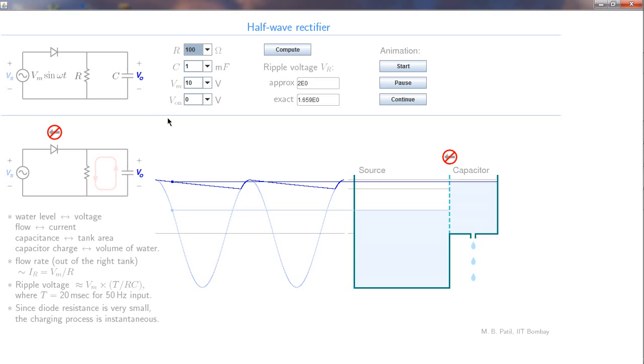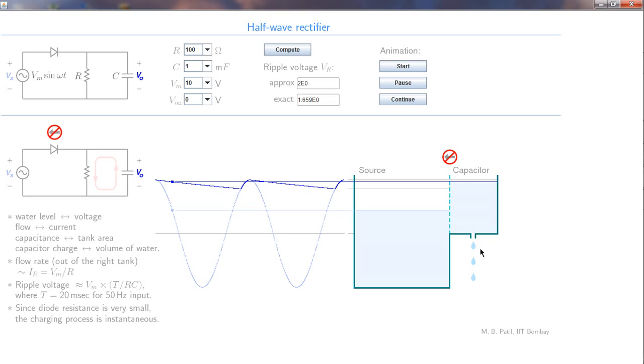What if we increase the resistance value, let's say from 100 to 150? What would happen then? As we have seen, the resistance controls this flow out of the capacitor tank, and it's given by approximately Vm by R. So if I increase the resistance, this flow is going to decrease, and in the same amount of time, that is one period, the volume of the water lost from this capacitor tank will reduce.